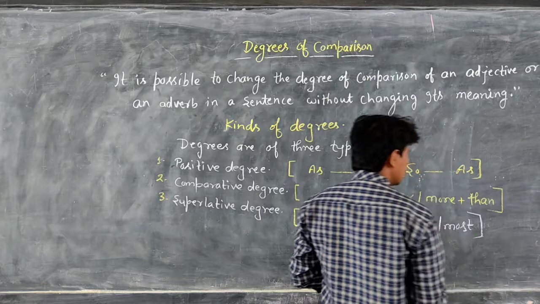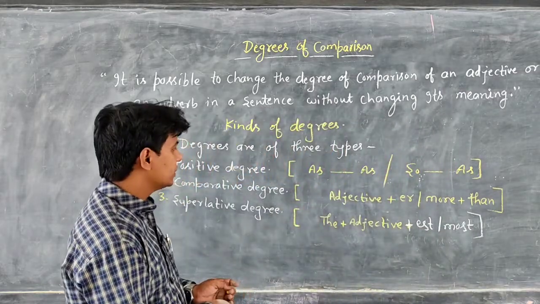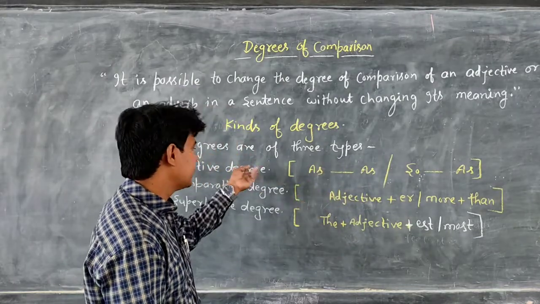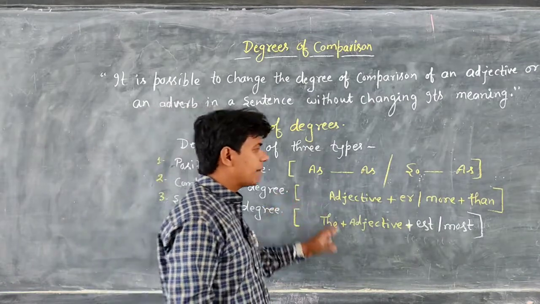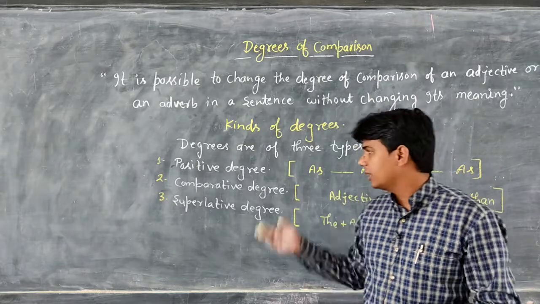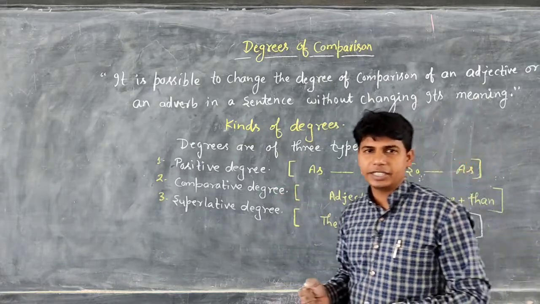Okay, this is the structure of superlative. So these are the identity words of positive degree, comparative degree, and superlative degree. So I hope you have got the identity words.